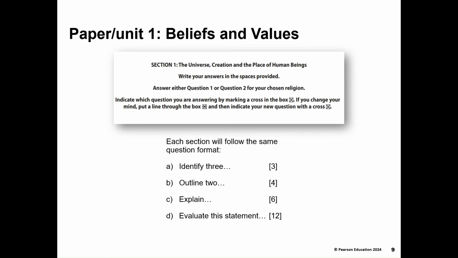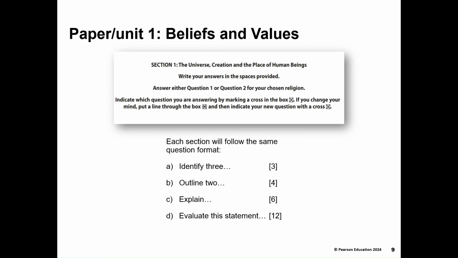Identify questions are solely AO1 and require candidates to recall information. Outline questions are also solely AO1 and require the candidate to demonstrate knowledge and understanding through their point and the development given. Explain questions are assessed for both AO1 and AO2 and require candidates to show their understanding of the significance of the beliefs and values discussed.